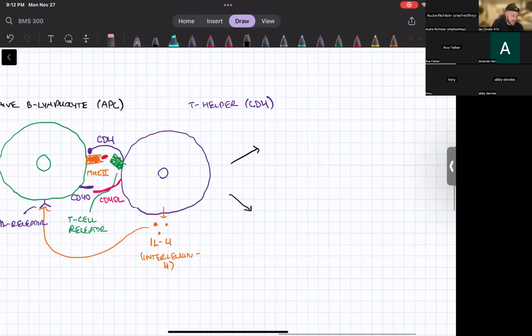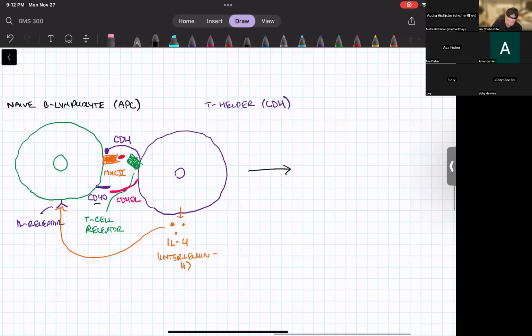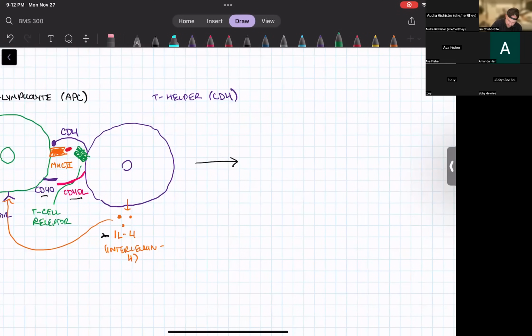It's either going to tell it to become a plasma B cell or become a memory B cell. Now, let me double check something really quick. When we have CD40 and CD40L, and we have interleukin 4, the cell type that we end up producing is going to be plasma B cells.